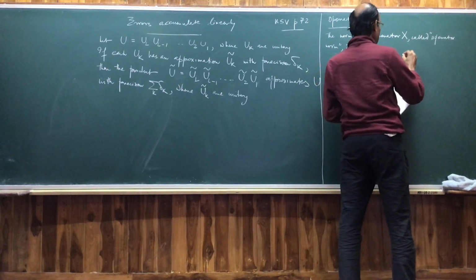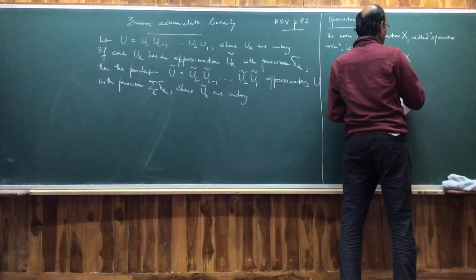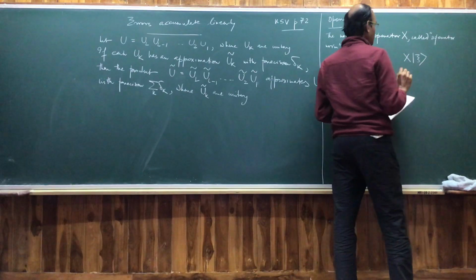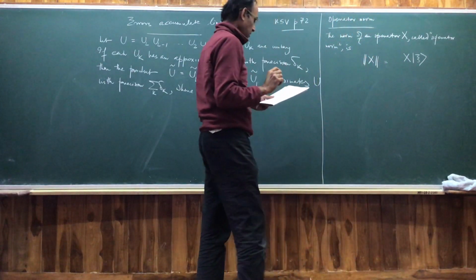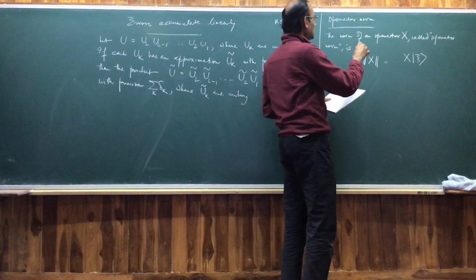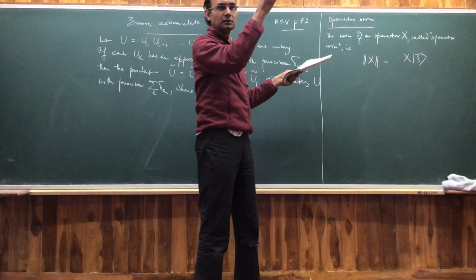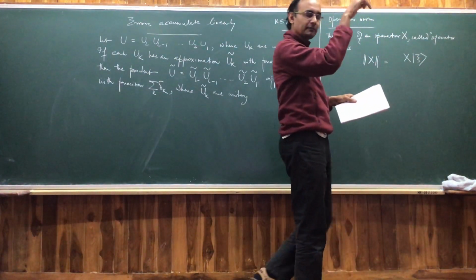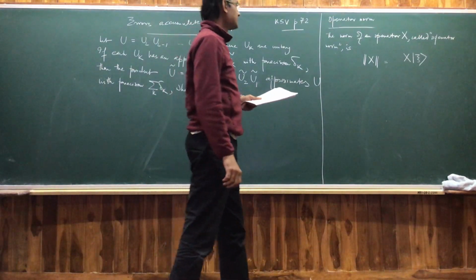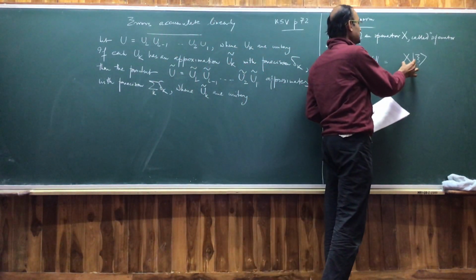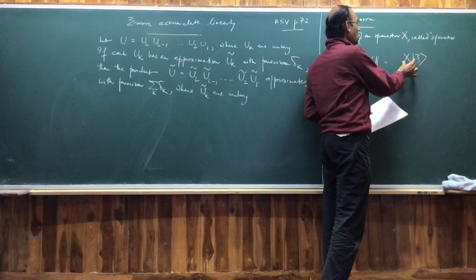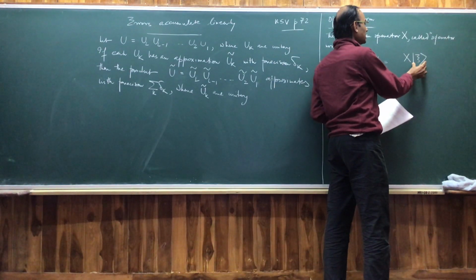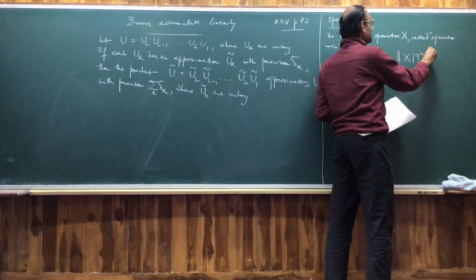So what you do is, you take the operator and apply it on an arbitrary vector in the Hilbert space. I am not writing all this. We are doing all this in some Hilbert space. This X is an operator on that Hilbert space, and this xi is a vector in that Hilbert space. So I see where X takes an arbitrary vector in the Hilbert space, and take the norm of that.